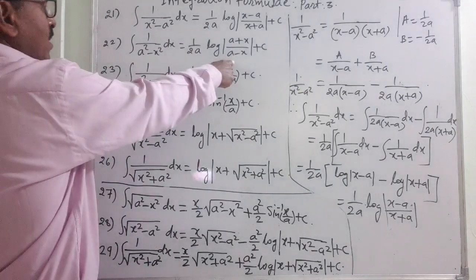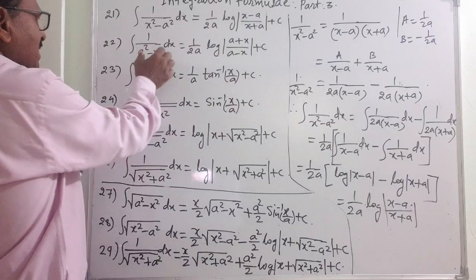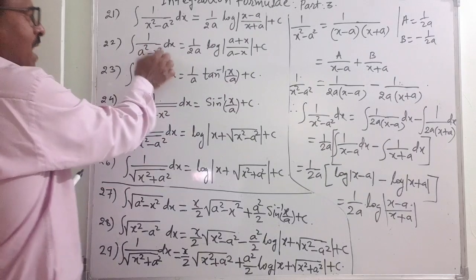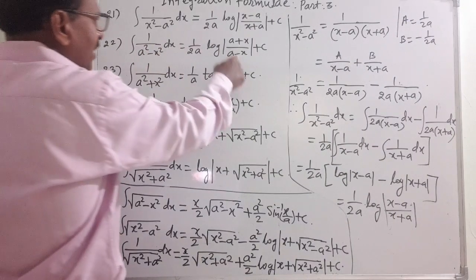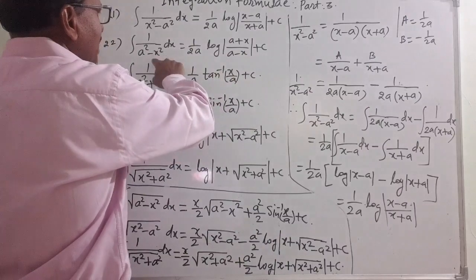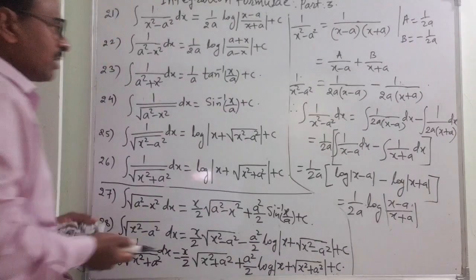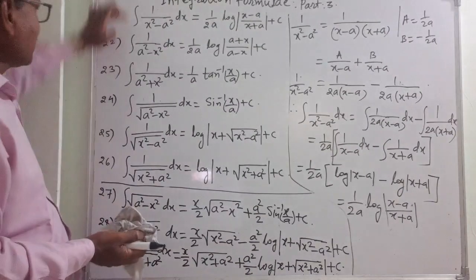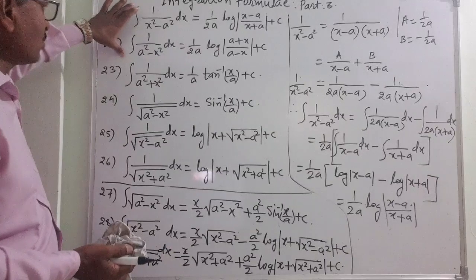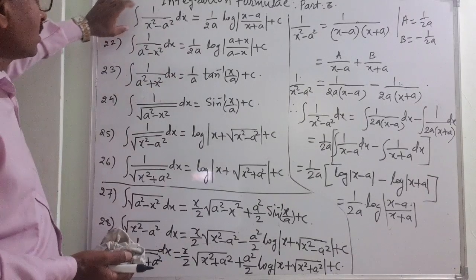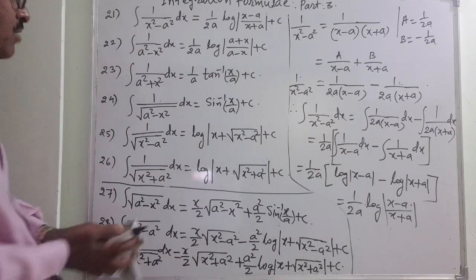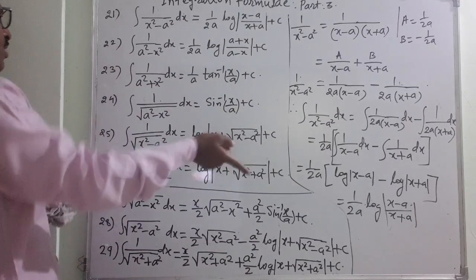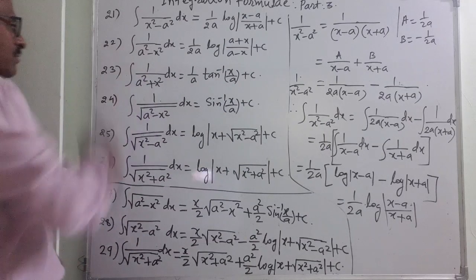Formula is same. Only in this case, how to remember is a minus x will be down and a plus x will be in the numerator. So this and this, I hope that you have understood. If you have not understood, then once again see this and you can solve this. Now depending on that same, you solve this.